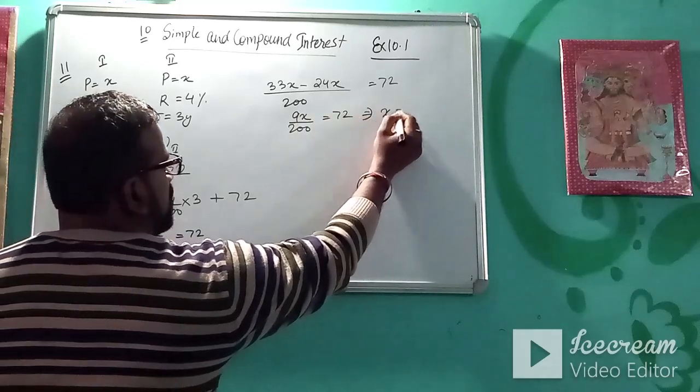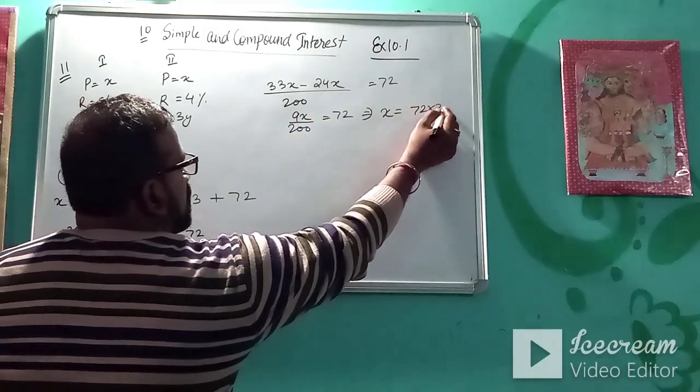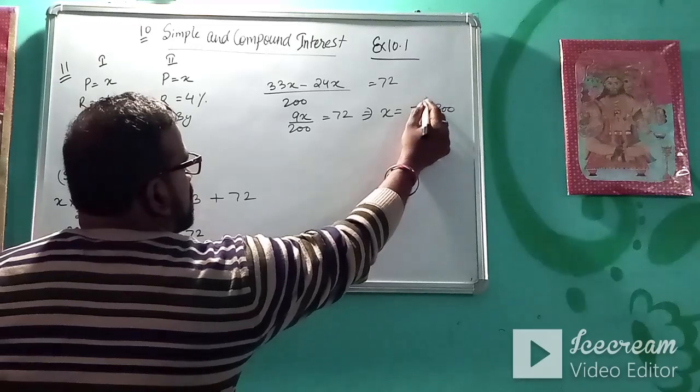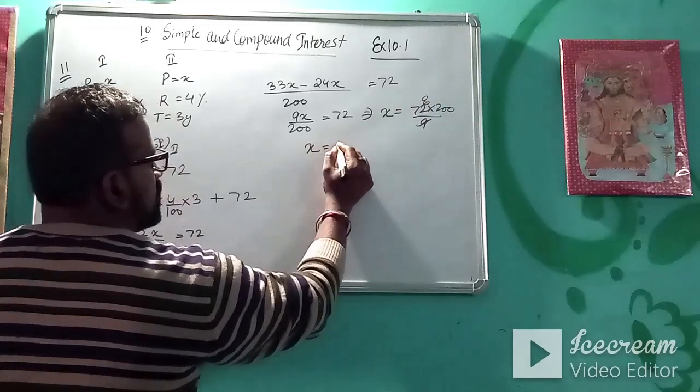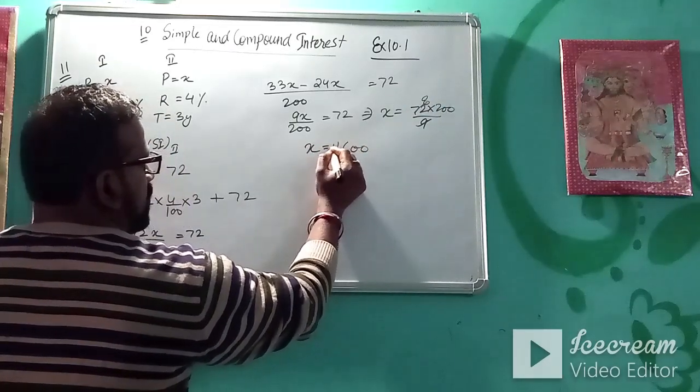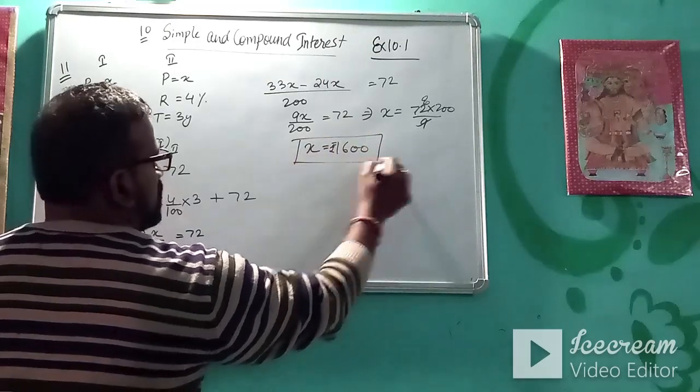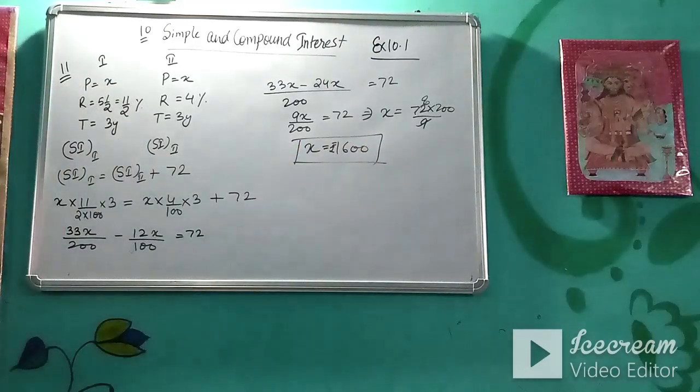So what is the principal? 72 into 200 upon 9. So the principal is 1600. Okay, so this is the value of the principal, that is 1600.